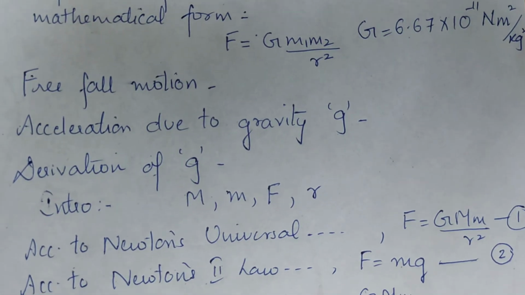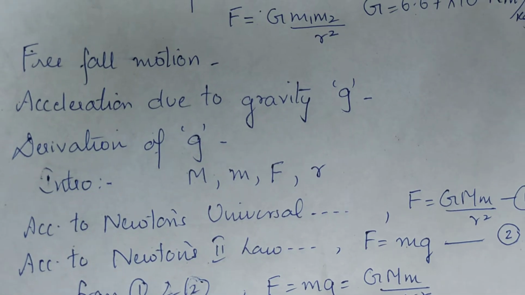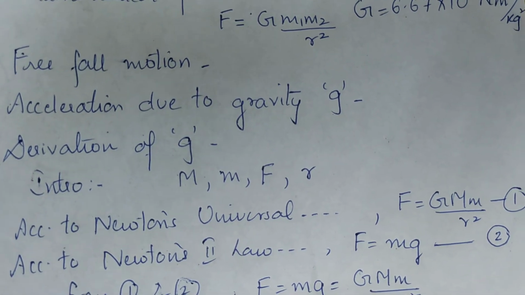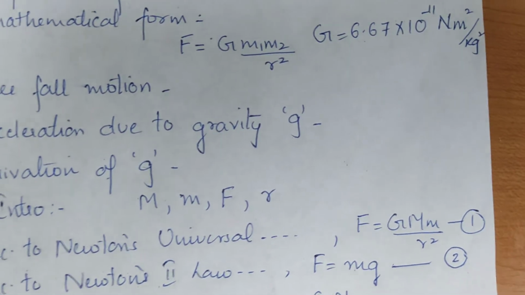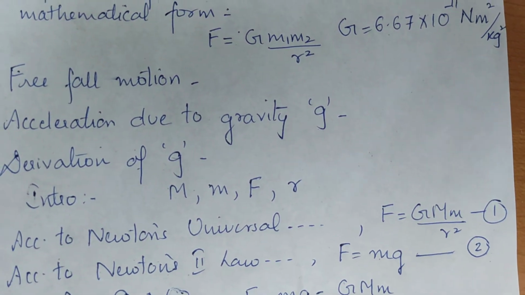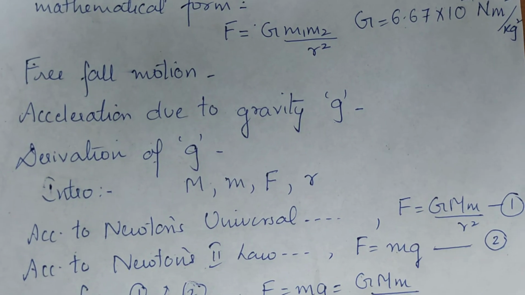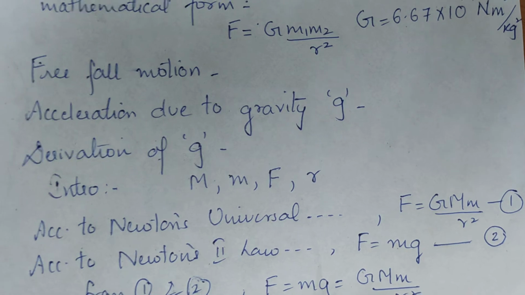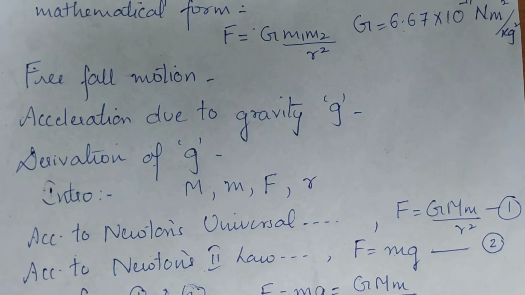Now, after giving the introduction, you can use the two laws. First, according to Newton's universal law of gravitation, this force of gravity F is given by this formula: F is G capital M small m over R square. So number this as 1. Then by using Newton's second law of motion, we can write force of gravity is equal to m into g.